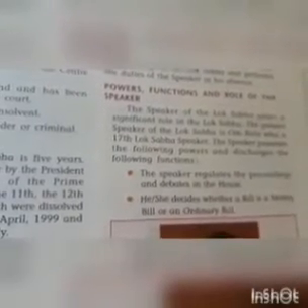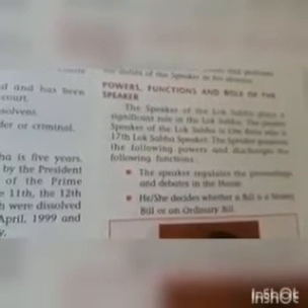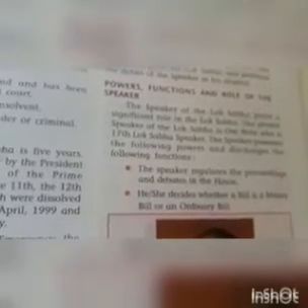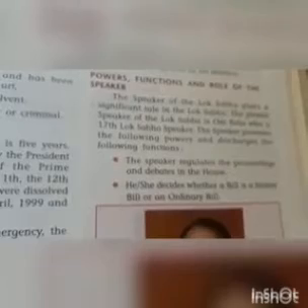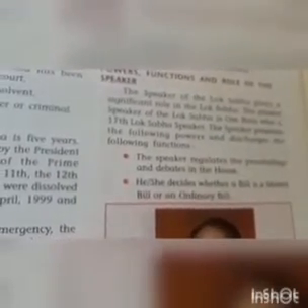And not only that, he or she discharges other functions. Number one, Speaker regulates the proceedings and debates in the House. He or she decides whether the bill is a money bill or an ordinary bill, and the Speaker also decides whether to allow strangers to the galleries of the House.